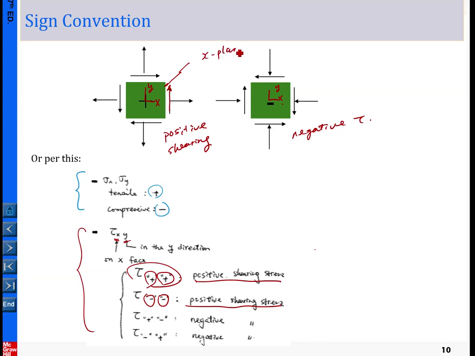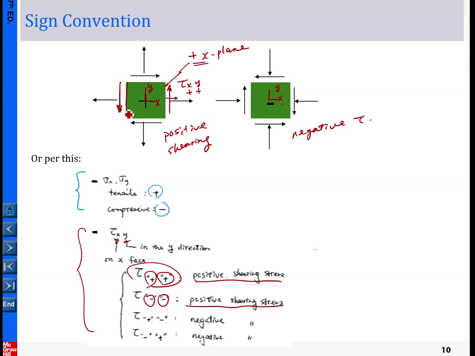In particular, this is a positive x plane because this plane has its outward normal in the positive x direction. Okay, tau xy. So this is positive, and also this shear stress component is pointing in the positive y direction. So this is positive. On the other side, let us take a look at this component here.